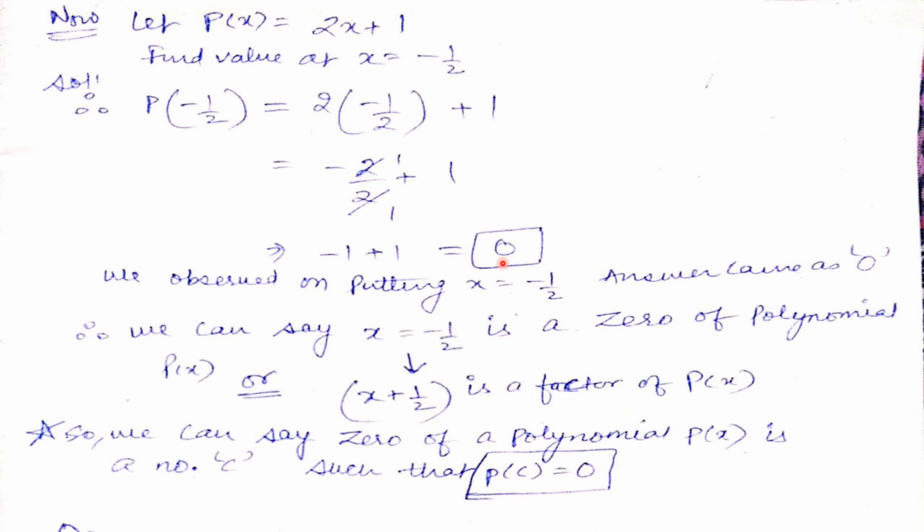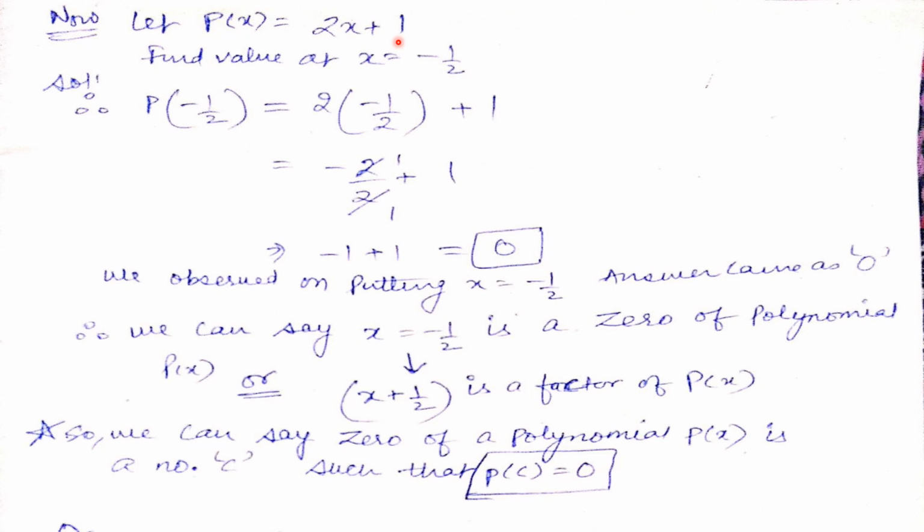This time you can observe that this value made the answer 0. Such a value which you put in an equation and it makes the answer 0 is known as a zero of that polynomial. So we can say x equal to minus 1 by 2 is a zero of the polynomial p(x) equal to 2x plus 1.